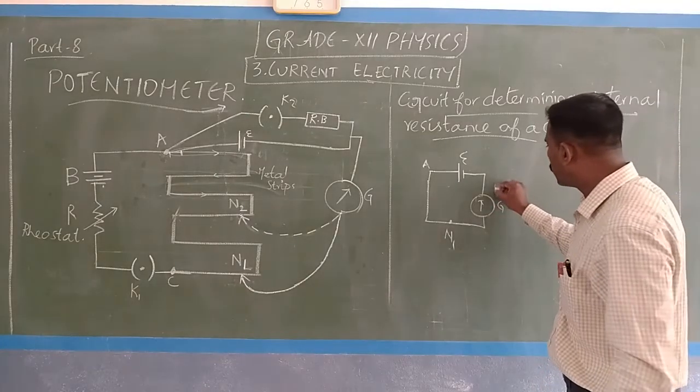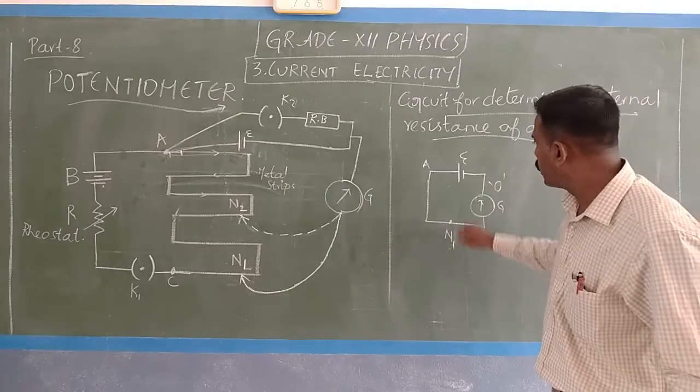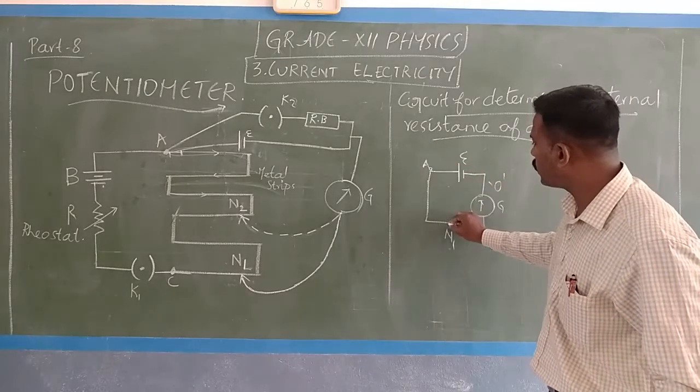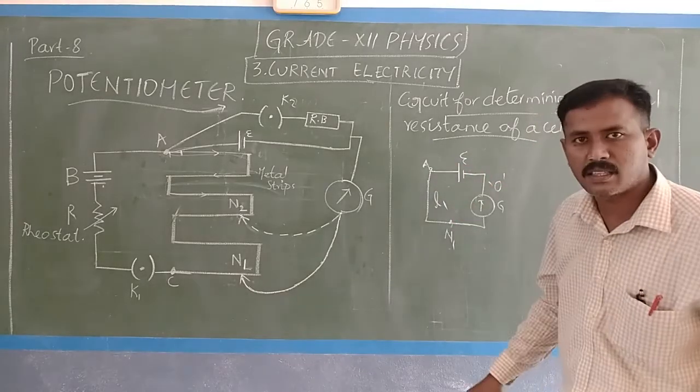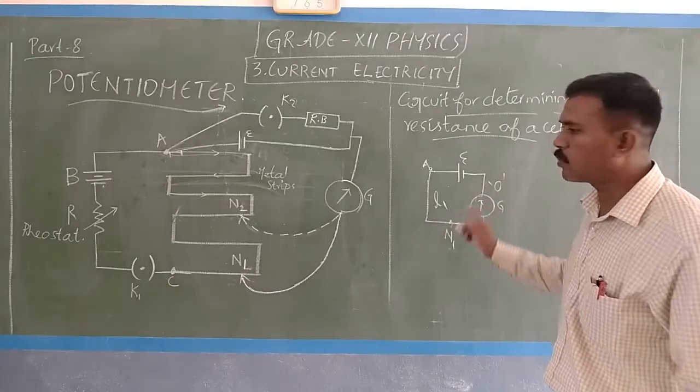There is zero drop here, and there is the length between this point and this point. L1 is the length, 5 is the potential gradient, and the drop is 5 L1.